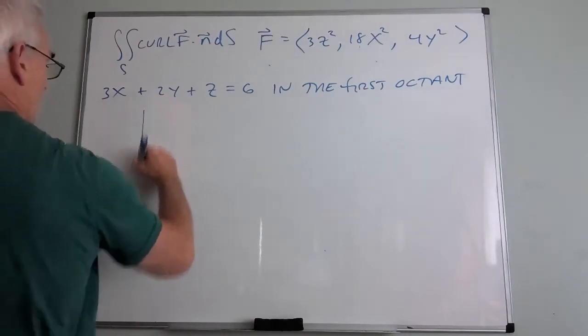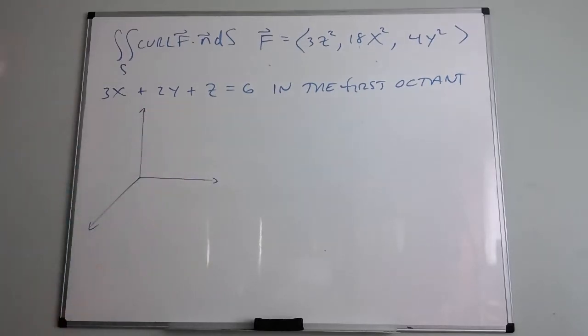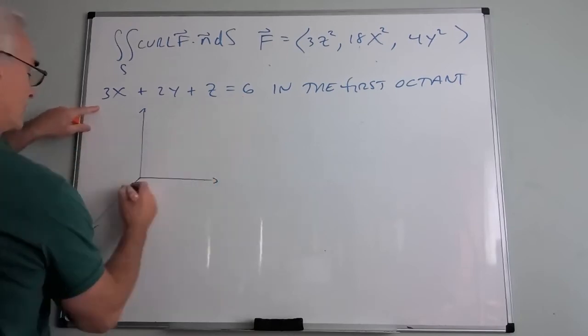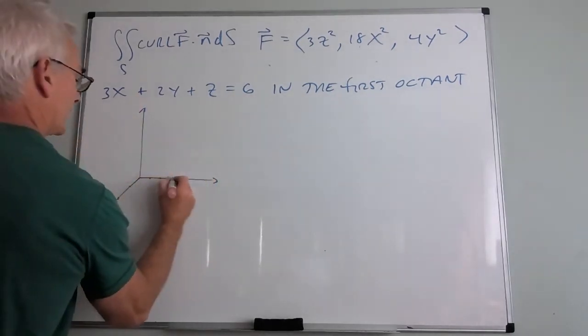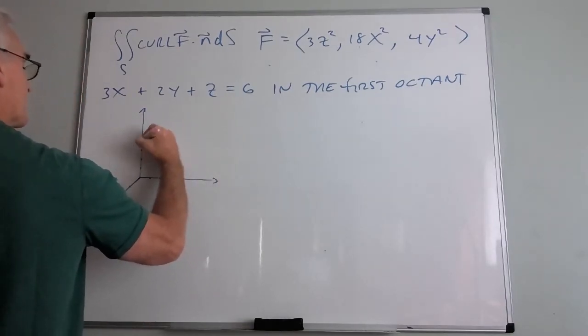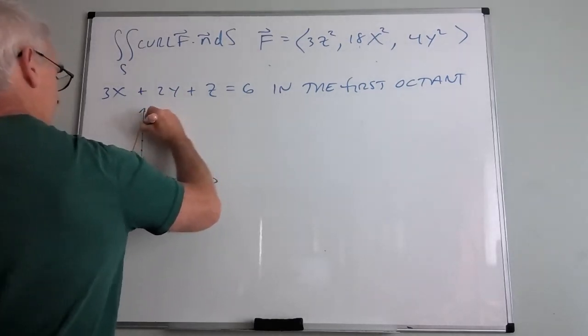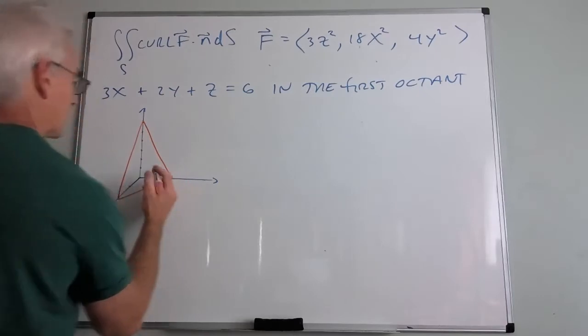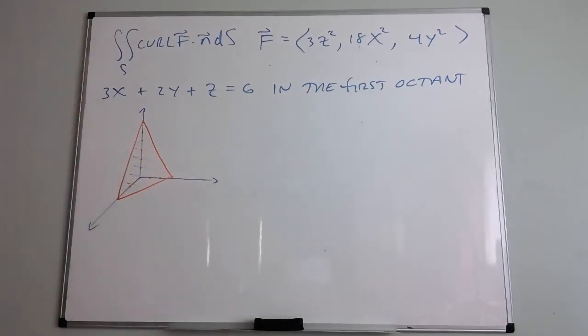So graphically, what that would look like, I mean, we're quite familiar with this. I hope we are at this point. So 2, 0, 0, 0, 0, 3, 0, 0, or 0, 3, 0, 0, 0, 6. So I am that portion of the plane in the first octant.